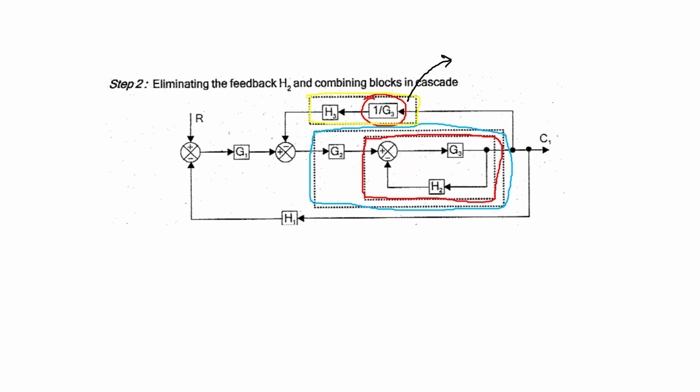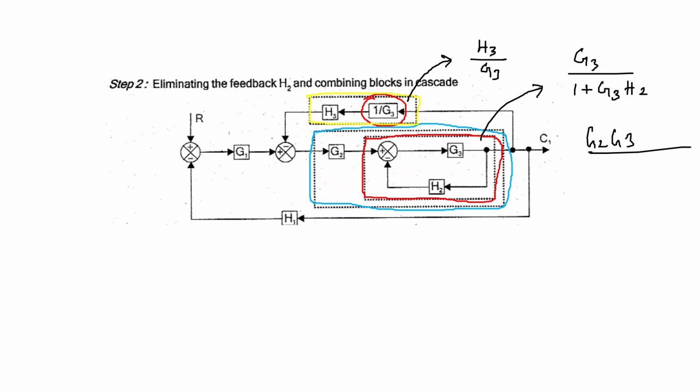These blocks are in cascade, so I will end up with something like H3 divided by G3. When you eliminate the inner feedback path, it will be G3 divided by 1 plus G3H2, since it is a negative feedback, and that will be cascaded with G2. So I can write G2 G3 divided by 1 plus G3H2.